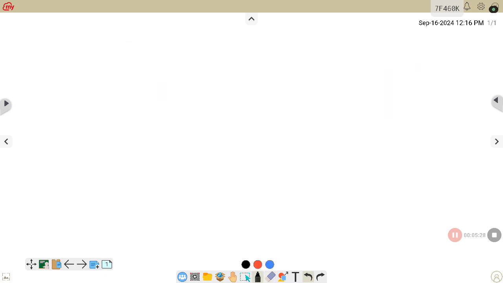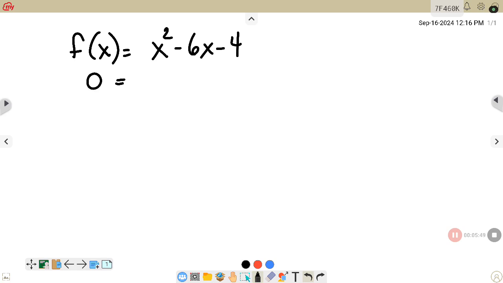Now, what happens if you run into this situation? f of x equals x squared minus 6x minus 4. And I try to use the same factoring method that I did on the other two. Turn this side into 0 equals x squared minus 6x minus 4.